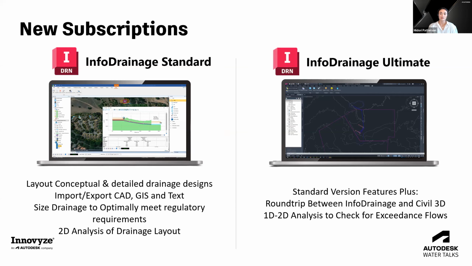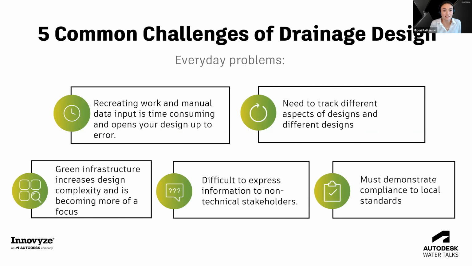So if you have a stormwater control structure that's overflowing, the 2D aspect combined with that 1D aspect of the calculations allows you to track where those overland flows are going to go. So those are the major differences there. And with those updates, we'll dive right into these 5 common challenges of drainage design.